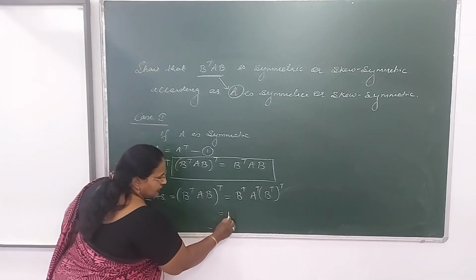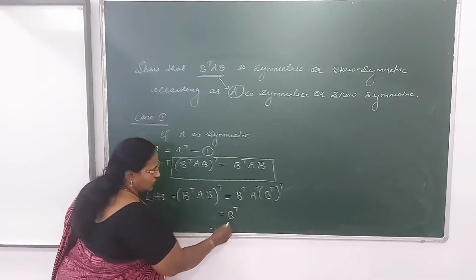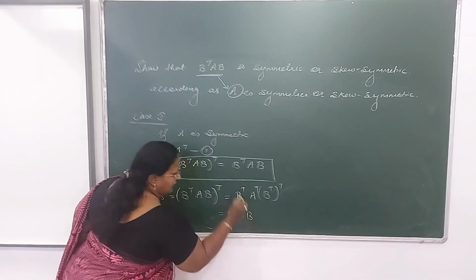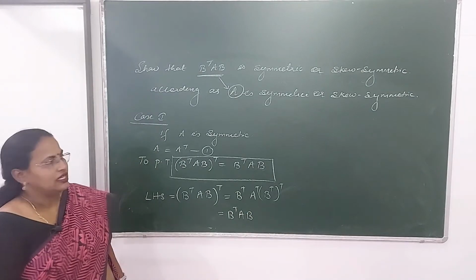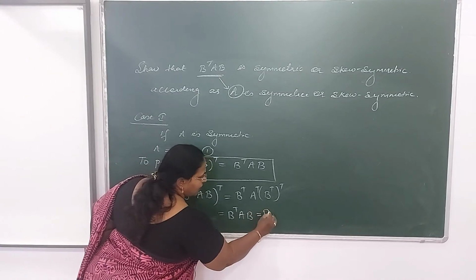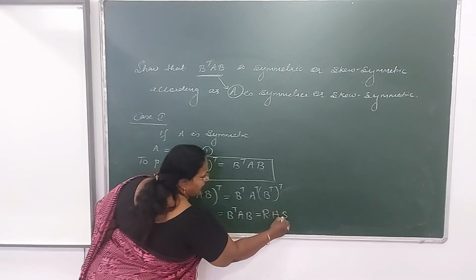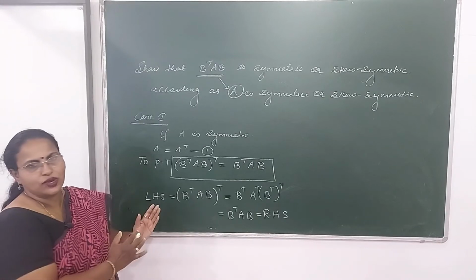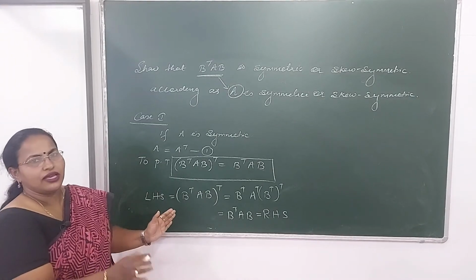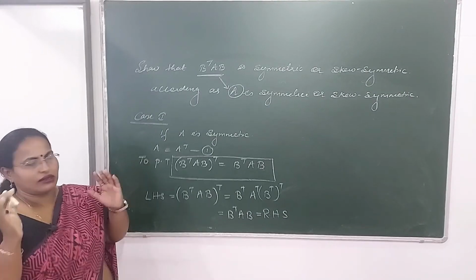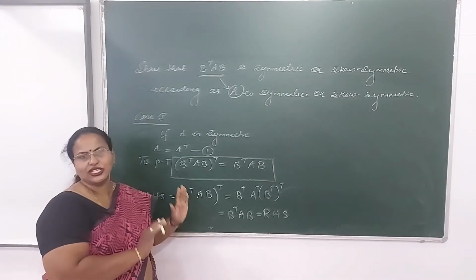So this is B transpose A, B transpose whole transpose is B. Now see, is it the right side? Yes, it is. So we have proved that left is equal to right. That means case 1 is done. So what is case 1? If A is symmetric, then B transpose AB is also symmetric. So half part of the question is done now.